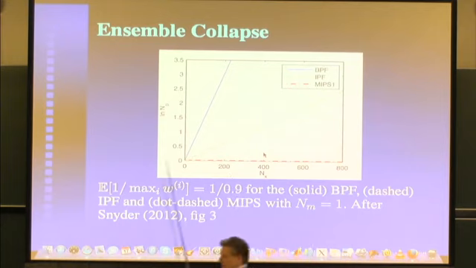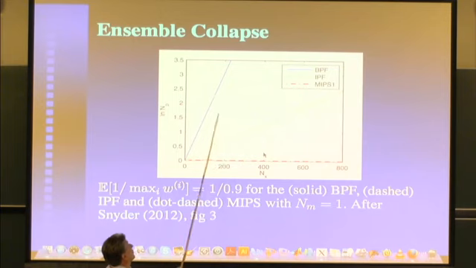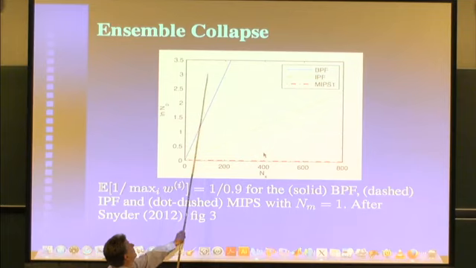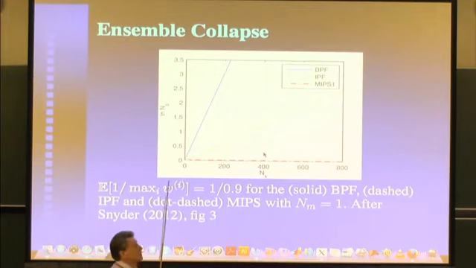The simplest particle filter, which I'm calling the bootstrap particle filter, is this one. You need to be above this line, and this is the log of the number of particles. So to get, say, 100 particles, you better get way up there, a couple of thousand. And that reflects the Bickel-Snyder theory of being exponentially hard. Yes, this is Snyder's picture.